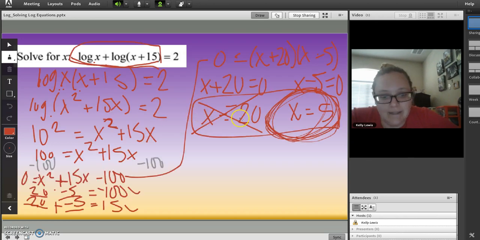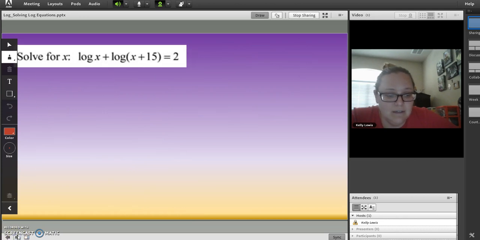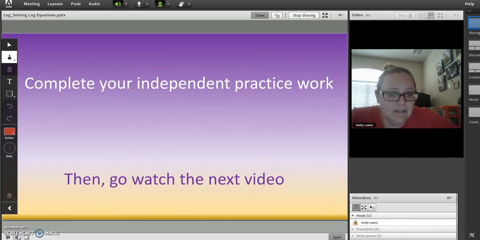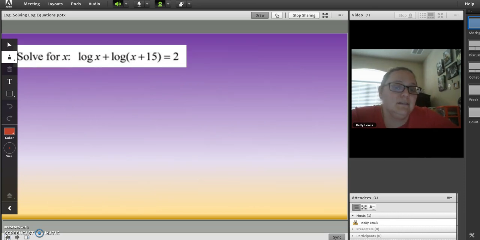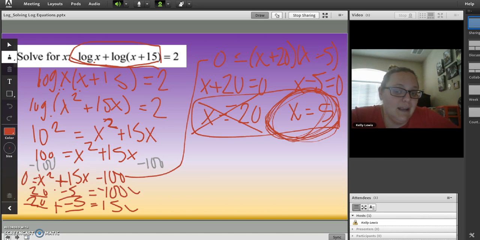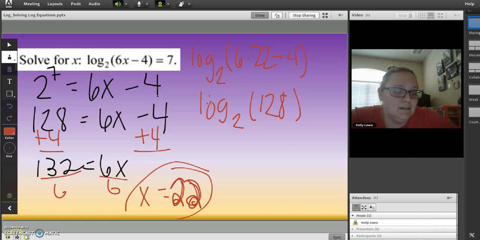Here, we got a negative 20 and a positive 5. The positive 5 worked. Here, we got a positive 22. The positive 22 worked. Anybody notice which solution did not work? Was there a pattern? The positive 10 worked. The positive 5 worked. Negative 20 did not work. Positive 22 worked.